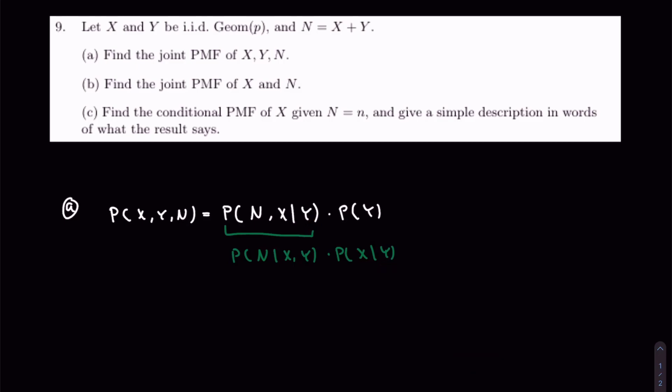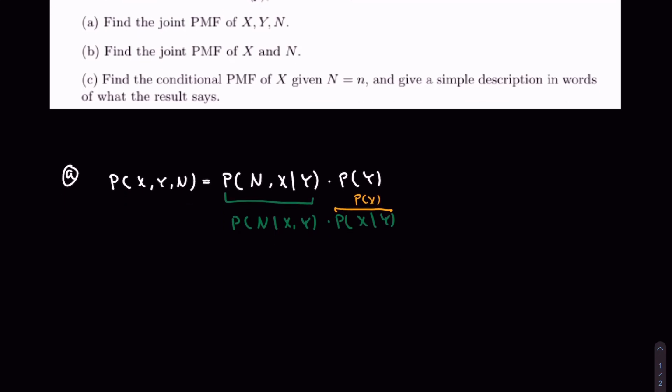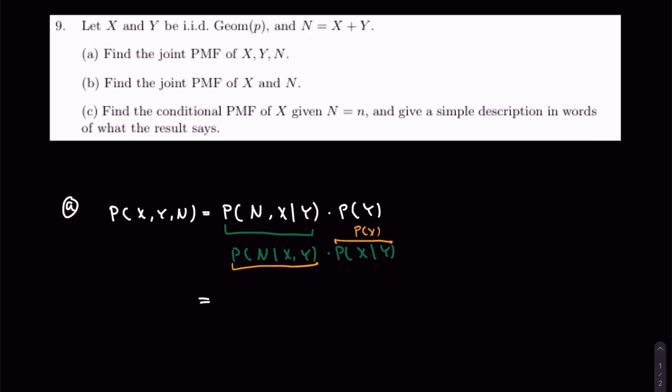But now, because X and Y are independent, we can write this as P of X. Another fact here before I go on is that once we condition on X and Y, we know what N is. It will become deterministic. So if we know X and Y, this will become 1. So it's always probability 1. Whatever X and Y is will determine N with probability 100%.